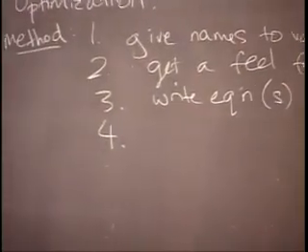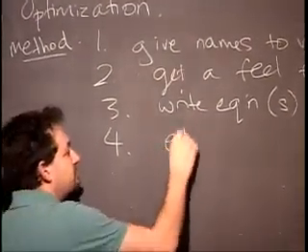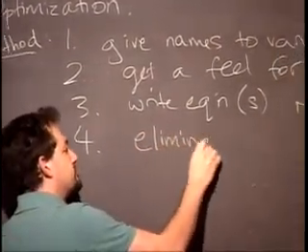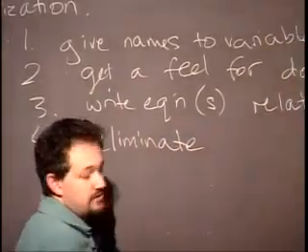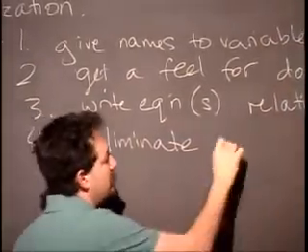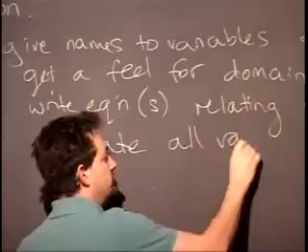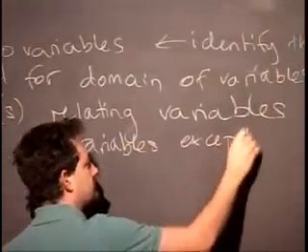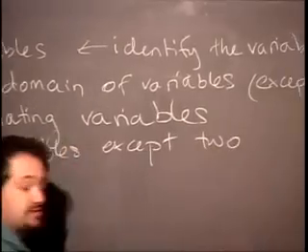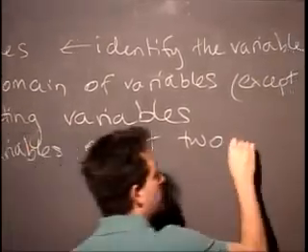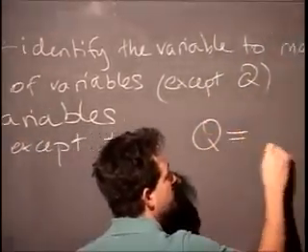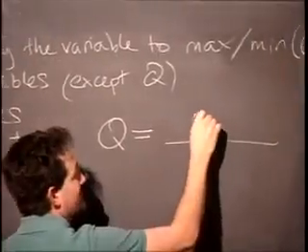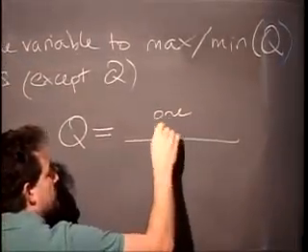So step 4, you want to eliminate all variables except 2. So somehow you have to solve these simultaneously. You want to get an equation that looks like Q equals function of just one variable.